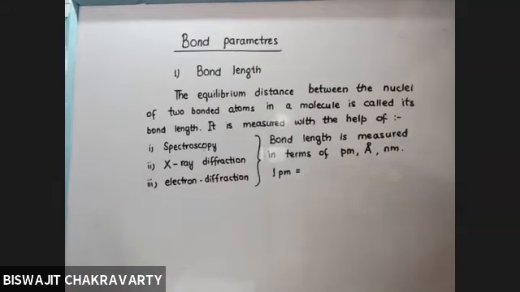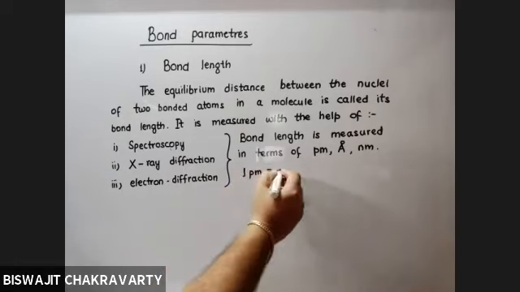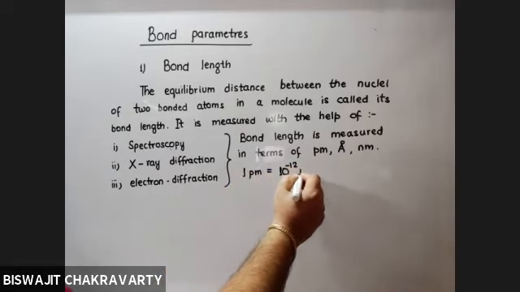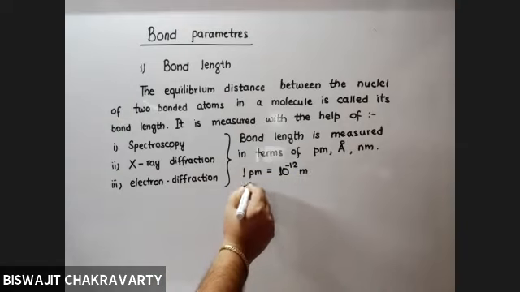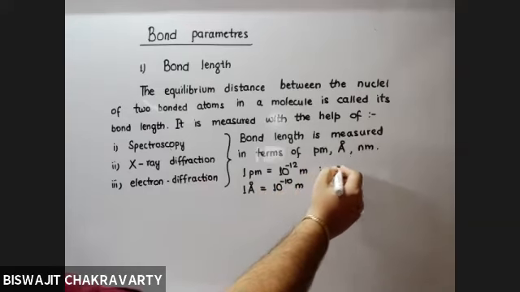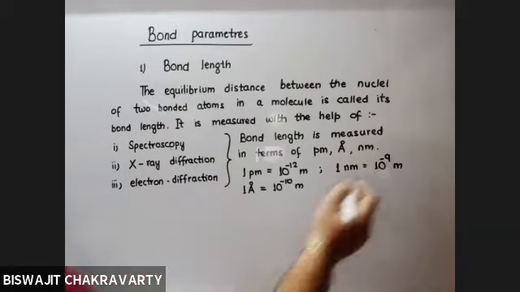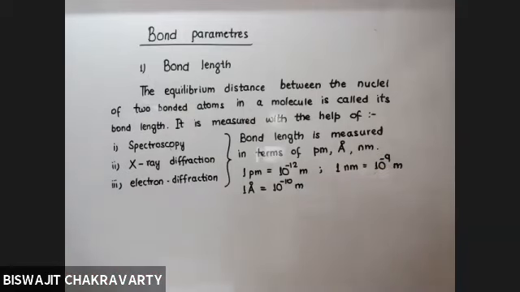Yes. 1 picometer is 10 to the power minus 12 meters. How much is 1 angstrom? 10 to the power minus 10 meters. And how much is 1 nanometer? 10 to the power minus 9 meters. So you can imagine that the distance between the nuclei of the two atoms is so small that it is measured in terms of picometers, nanometers, and angstrom.